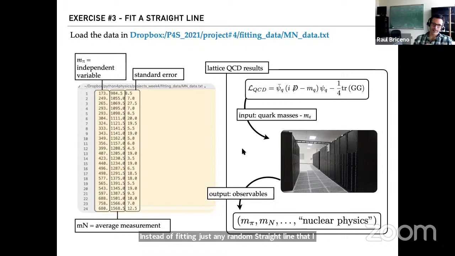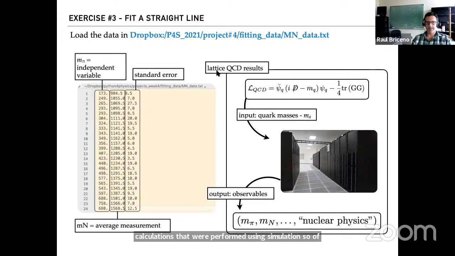I'm giving you real data that has been obtained from real calculations out there, from real scientists doing real simulations of nuclear physics. And so what I'm giving you is calculations that were performed using simulations of quantum chromodynamics.